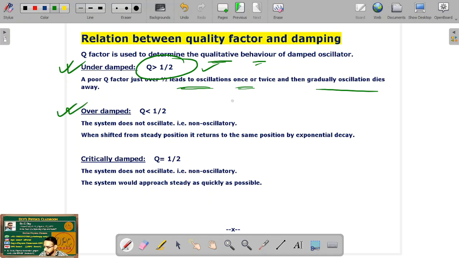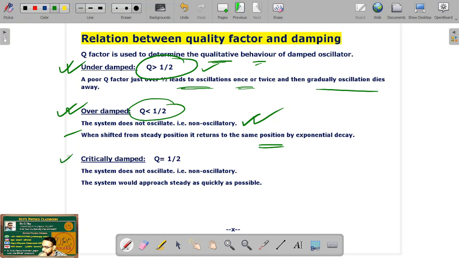In the overdamped condition, quality factor is less than half, and the system becomes non-oscillatory in nature. When the system is shifted from its equilibrium position, it will come to rest very slowly with an exponential decay.